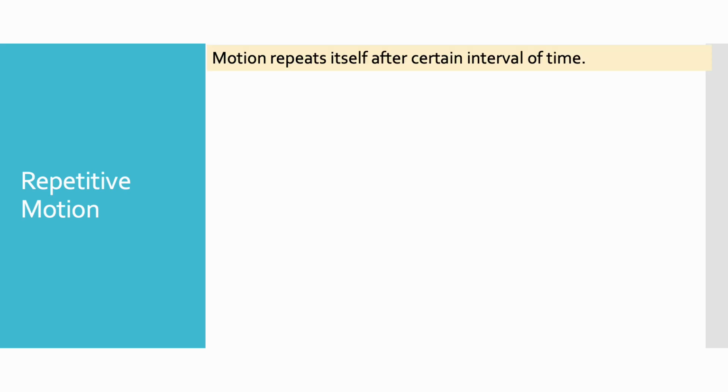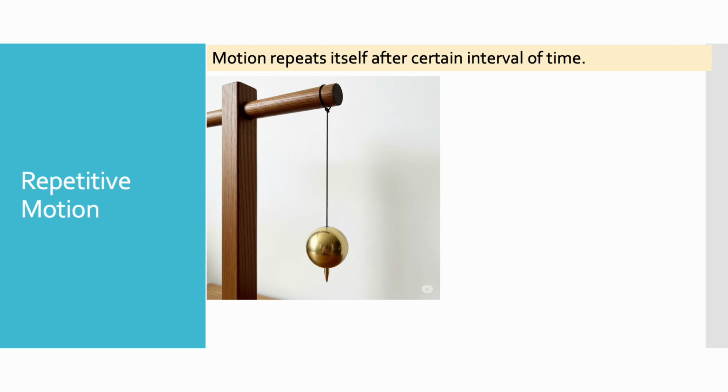Now let's talk about repetitive motion. When a motion repeats itself after a specific time interval, we call it repetitive. We can divide it into 2 types, periodic motion and non-periodic motion. Periodic motion. In periodic motion, the movement happens at regular time intervals.